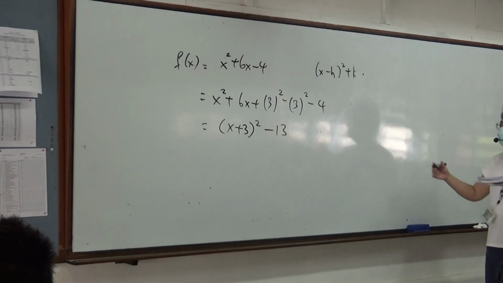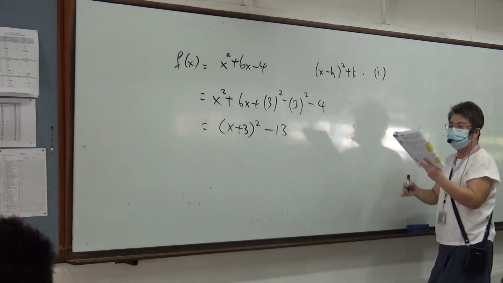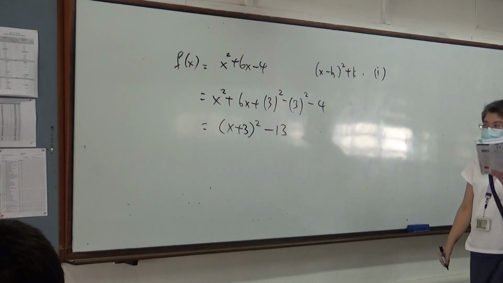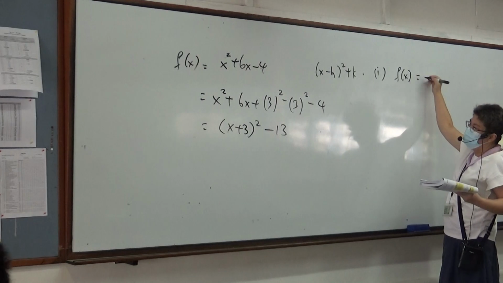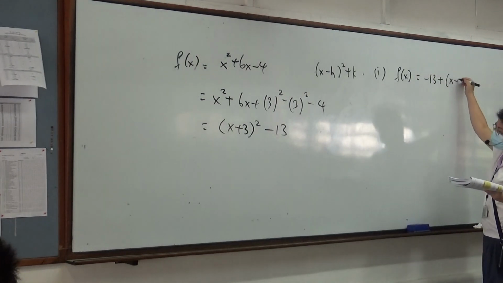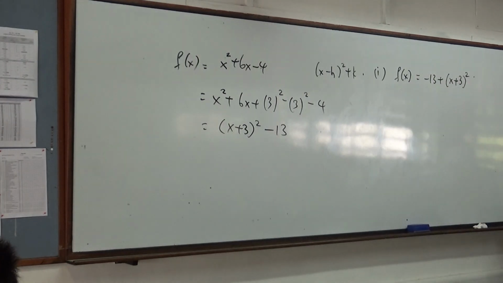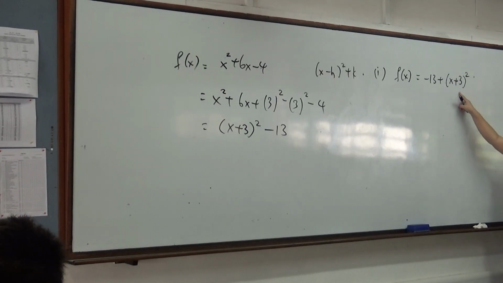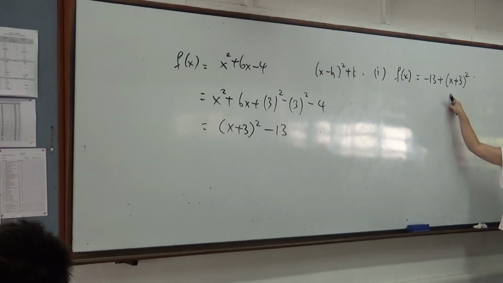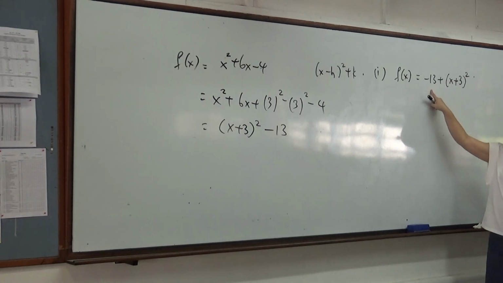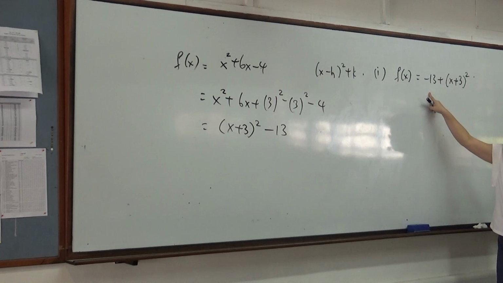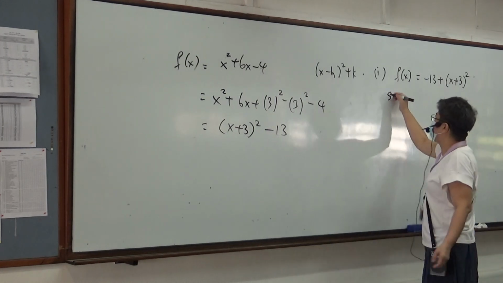Alright, now let's look at part 1. All possible real values of f(x). Now I'm going to write f(x) in another form. Can you see that this one will always be positive unless x plus 3 becomes 0? Correct? That means it must always be bigger than or equal to negative 13.